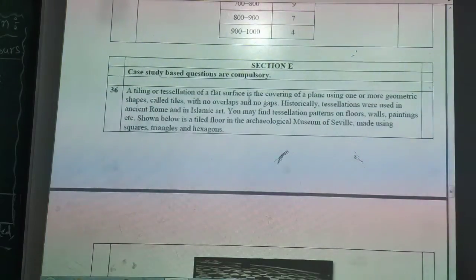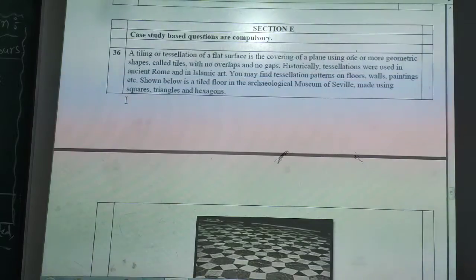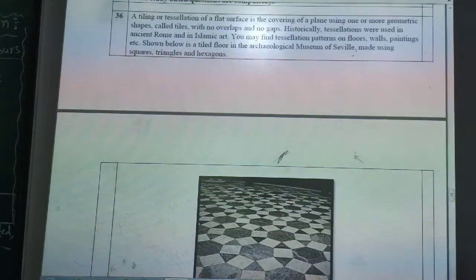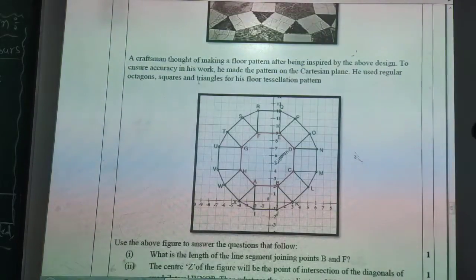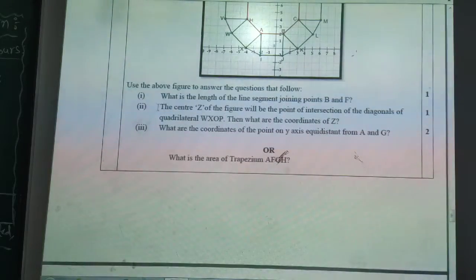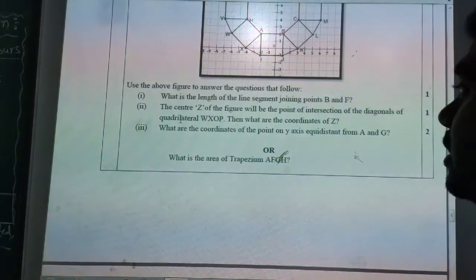Next, come to section E. Case study based questions are compulsory. In total, we have 3 case based questions. This is the pattern of case study questions. They will provide information, and based on the information we have to solve the given questions and write the solutions.